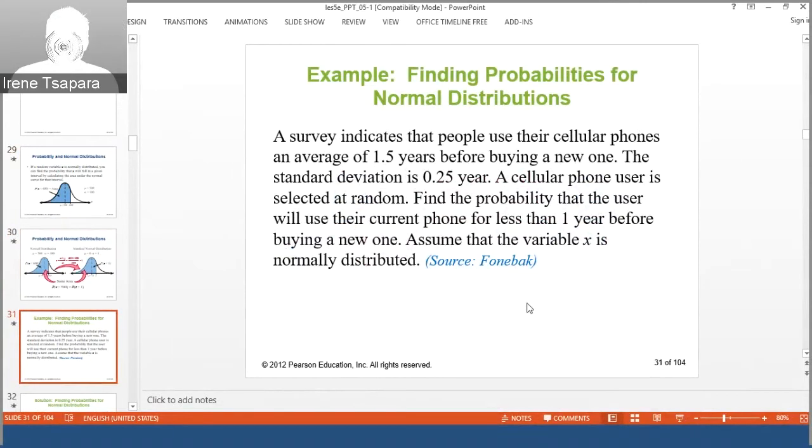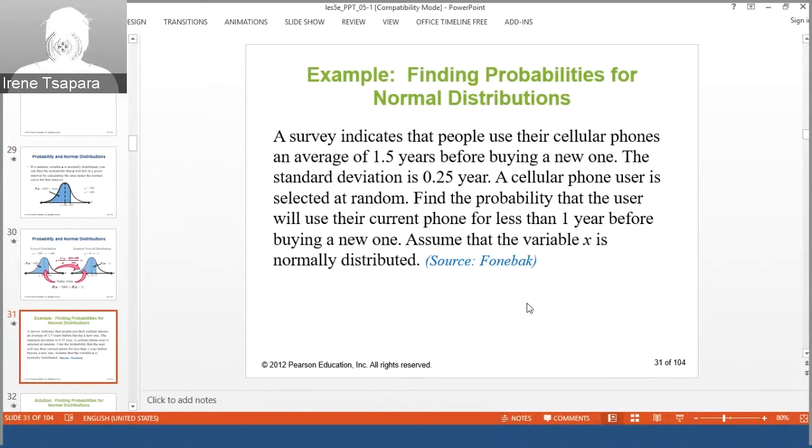Another example. A survey indicates that people use their cellular phones an average of 1.5 years before buying a new one. So I guess I'm behind because I have my phone for 3 years. The standard deviation is 0.25 years.